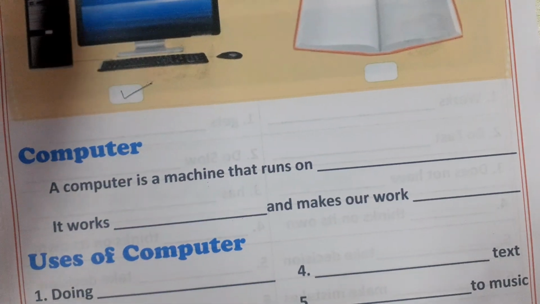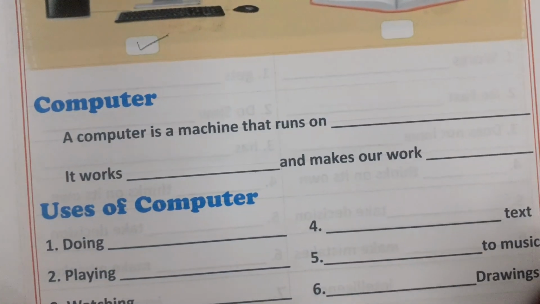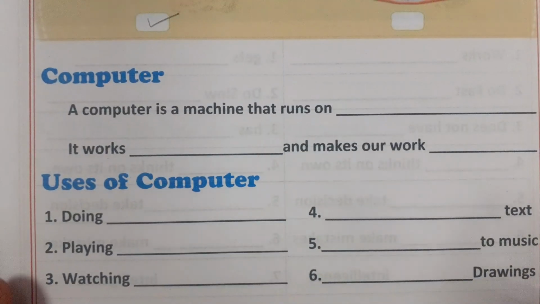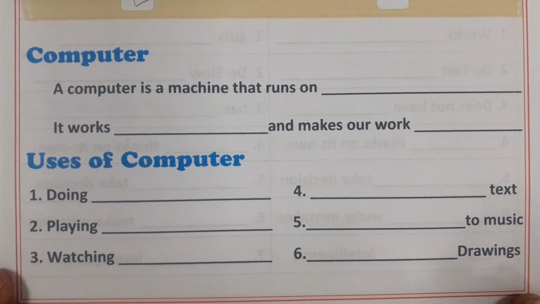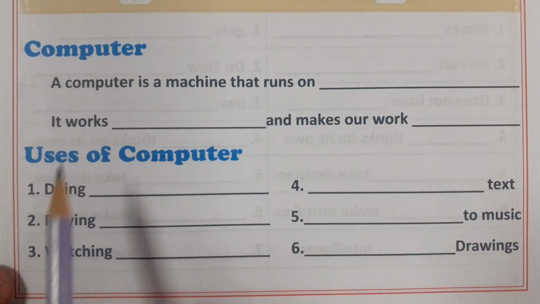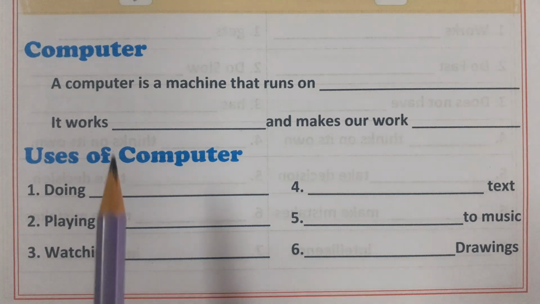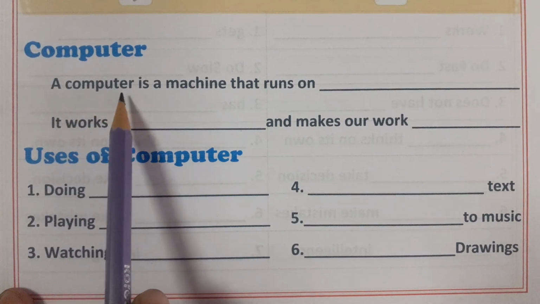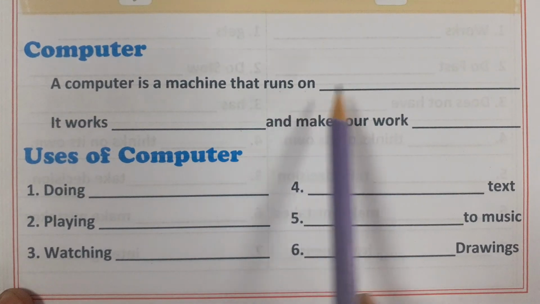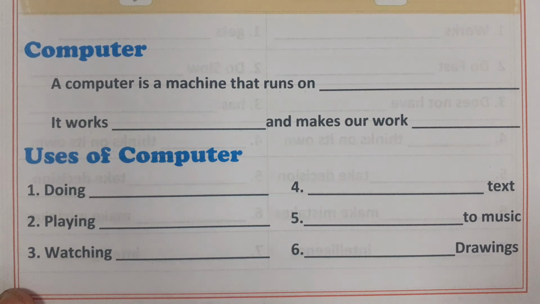What is next? Here, have you seen this? Very good. What is inside there? A computer. What do you write here? A computer is a machine that runs on dash dash.